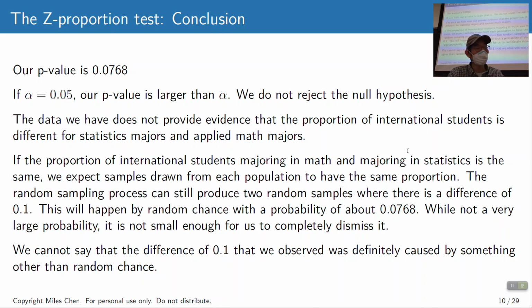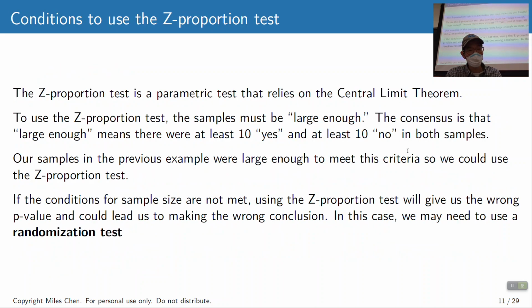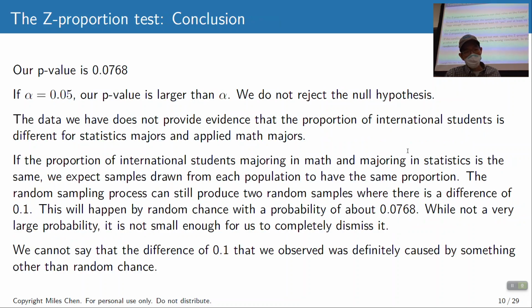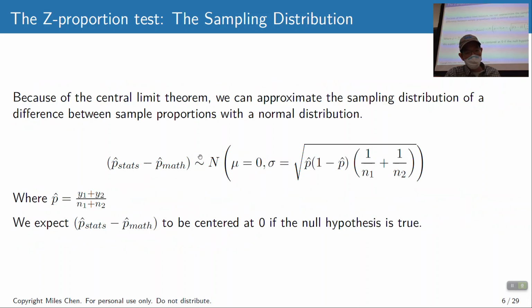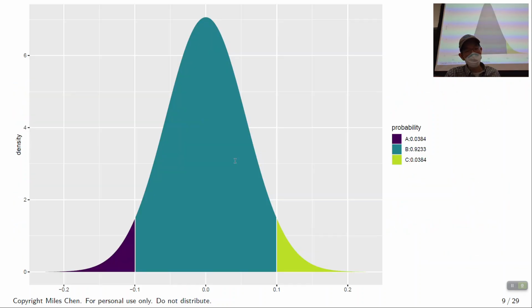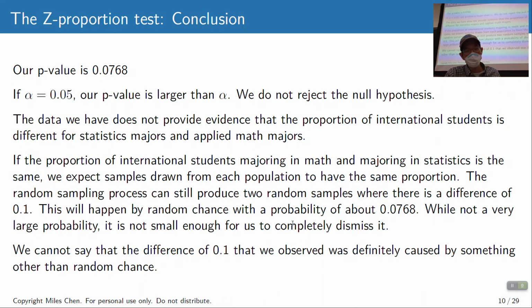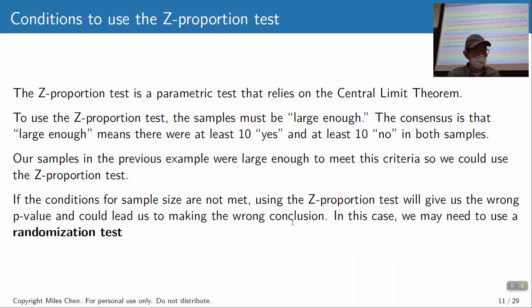We just have to say it doesn't tell us that there is a difference between the population proportions. All of our calculations were based on the central limit theorem. There was this assumption back here that the sampling distribution follows a normal distribution, and that's what the central limit theorem allows us to do. Because of that, we can draw the normal distribution, and that's how we do our test.